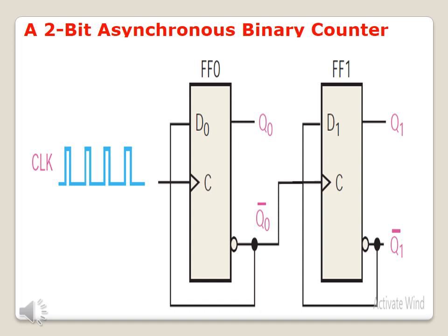To make it so, connect the input T of FF0 to logic 1. Here I will provide logic 1, or otherwise you can provide 0. In this diagram it is given differently.